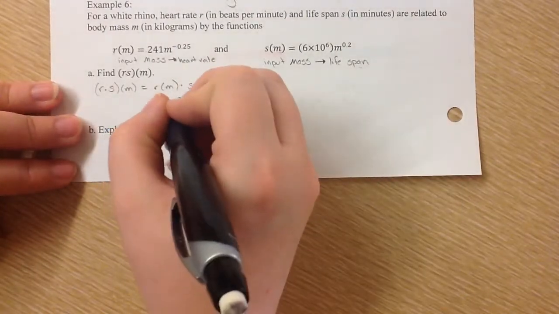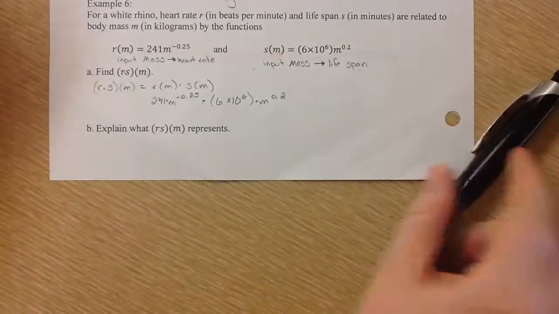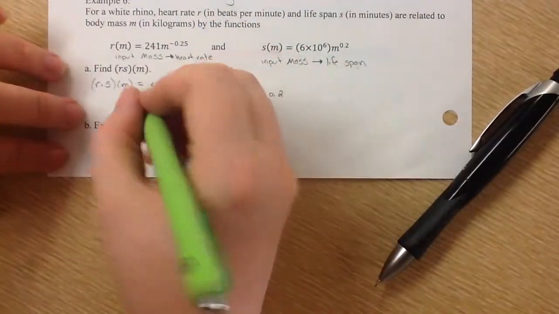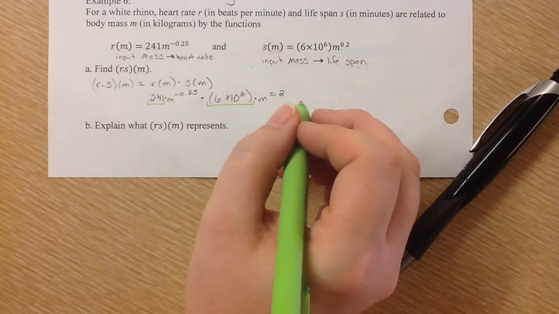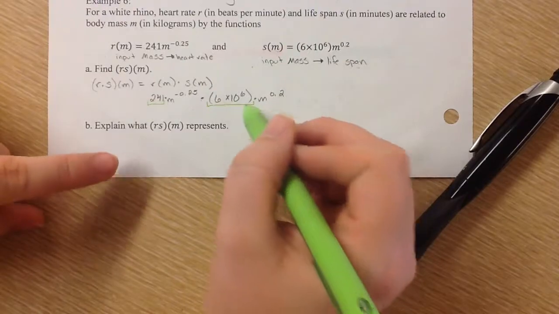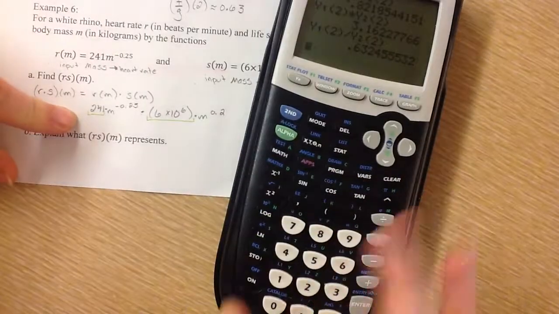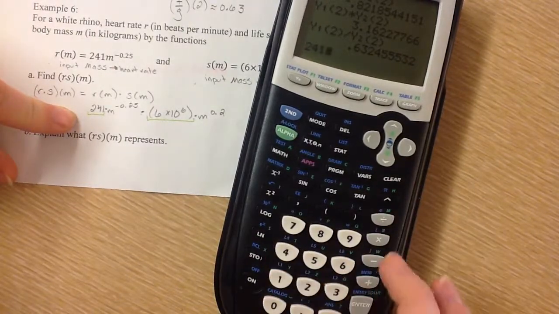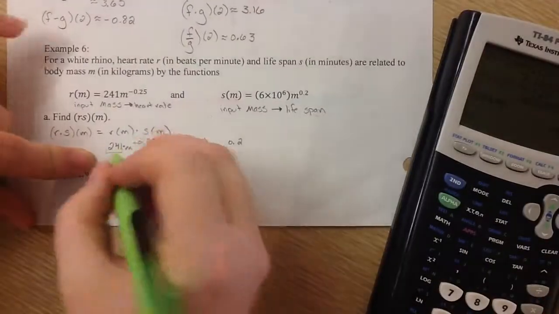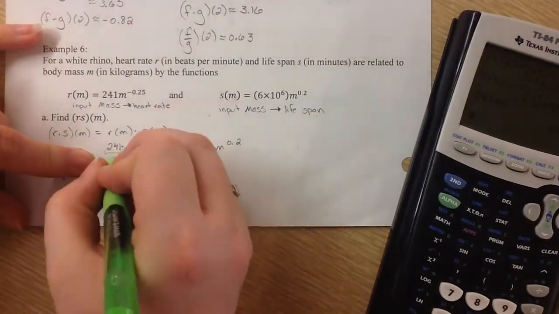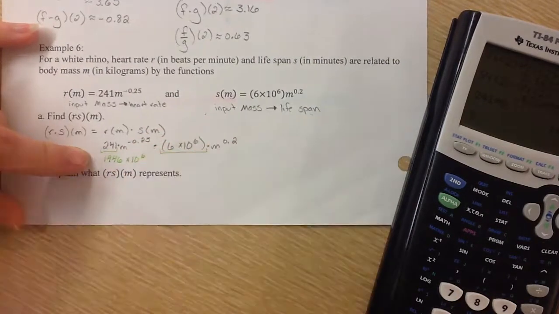So I'm going to multiply the two numbers first. I'm going to multiply the 241 and the 6 times 10 to the 6th. 241 times 6 is 1,446, but that's still times 10 to the 6th.